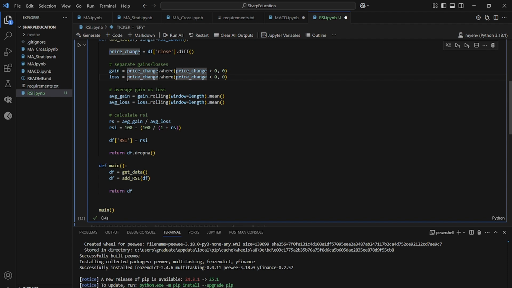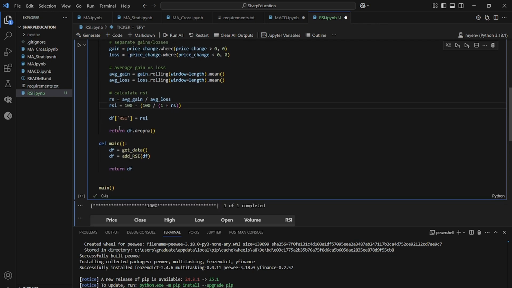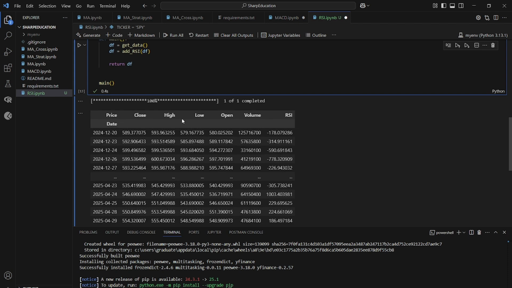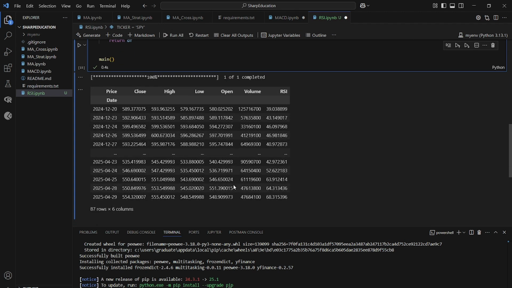So I need to make sure that negative price changes exist. It is this one small error I made where I didn't include the negative sign here. I need to make sure that I am taking negative price changes for losses. So that makes sense. So now we're going to be factoring in loss to our relative strength index, and that should balance out our results quite a bit.